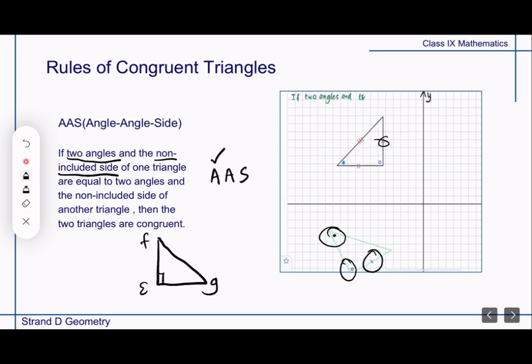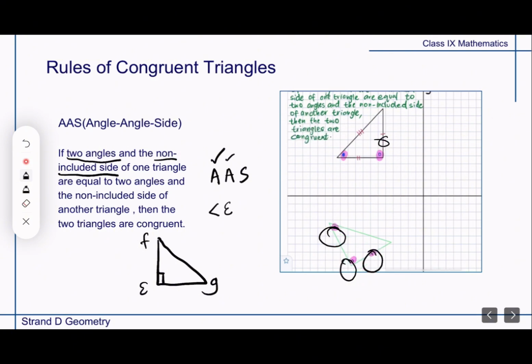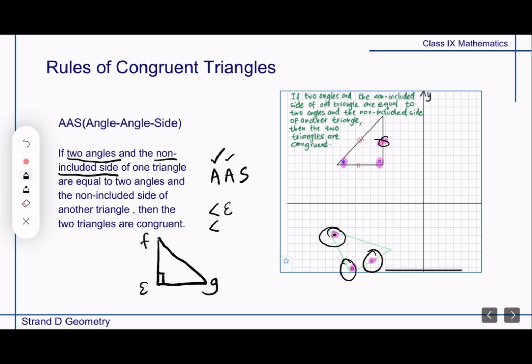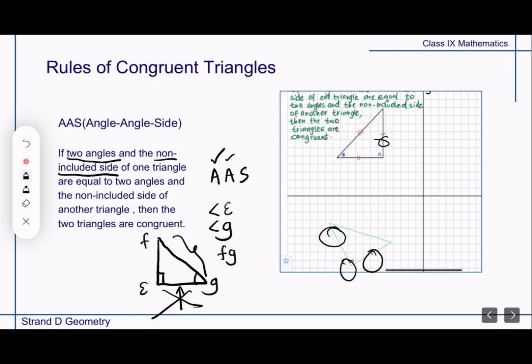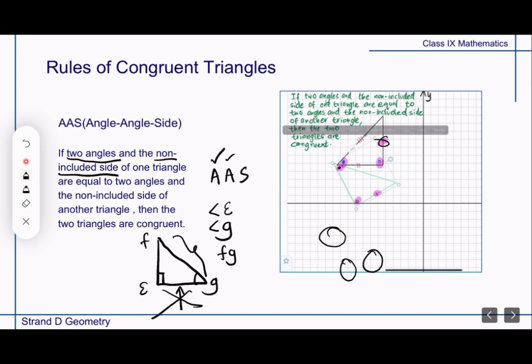So if my angle is angle E, I have a choice of taking the other angle as angle G or angle F. So let's say I took angle G. Then my side would not be the side included between the two angles, but the non-included side, which means it has to be side FG. So that's what we have to remember. Not included means not in between the angles, but the one which is not included.